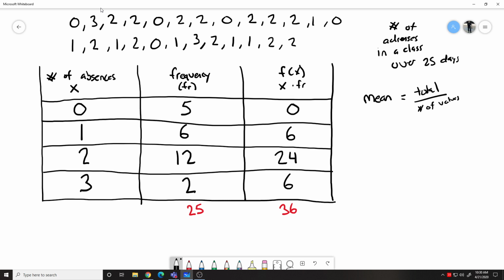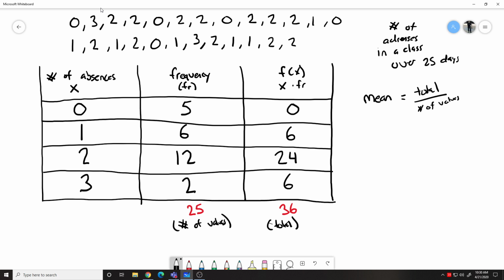This column, because we multiply them together, represents the total of all my data. In other words, if I added 0 plus 3 plus 2 plus 2 and went through this entire thing, this summarizes it for me. This is 36. This is my total.